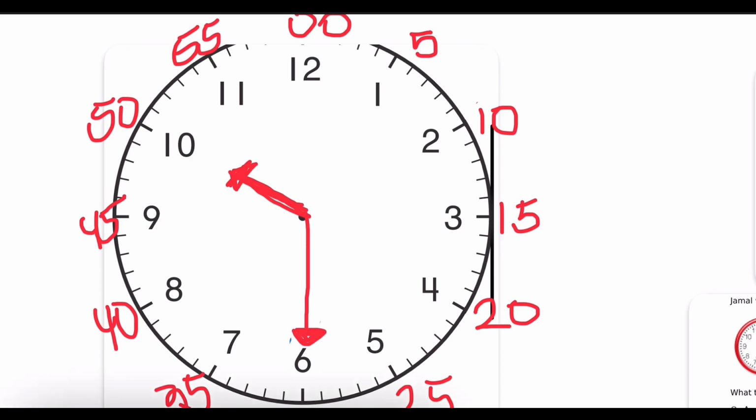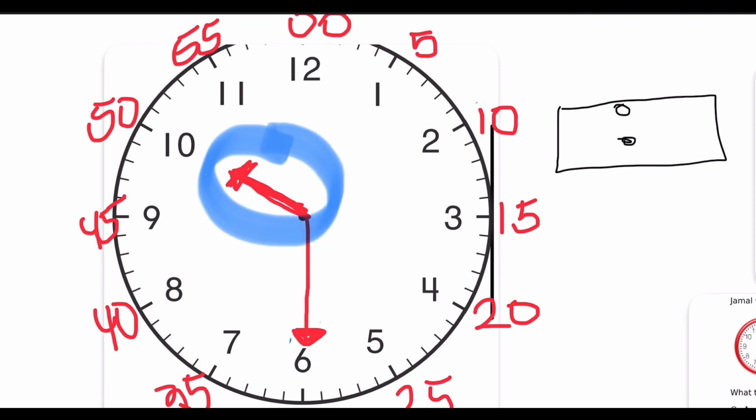Now, we're going to take a look at the shorthand and the longhand and put that information in our clock. A digital clock means you can tell by the number. So let's take a look at the shorthand. This hand is pointing to the number 10.